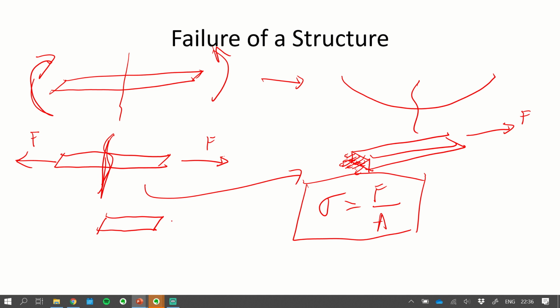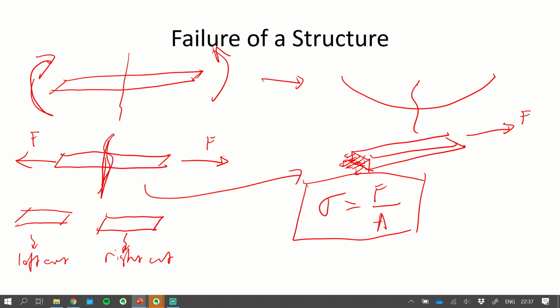Then you can analyze either the left cut or the right cut of the structure. This is the right cut, and this is the left cut.